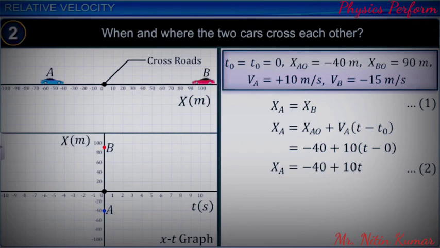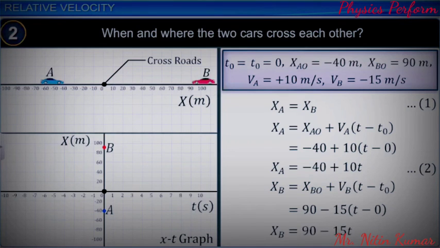Similarly, XB is equal to XBO plus VB into t minus t naught. By substituting and simplifying, we get XB equal to 90 minus 15t, which is equation 3.